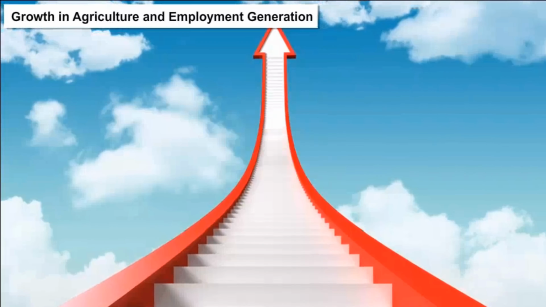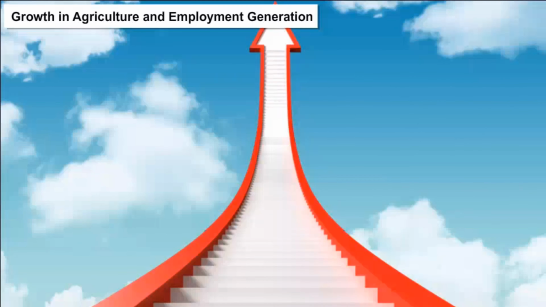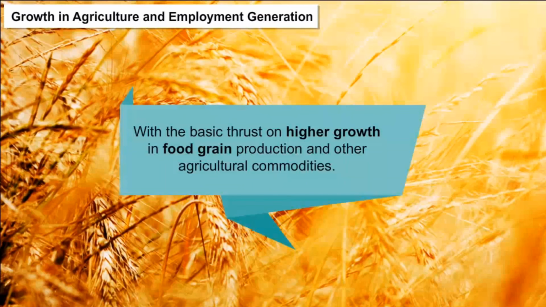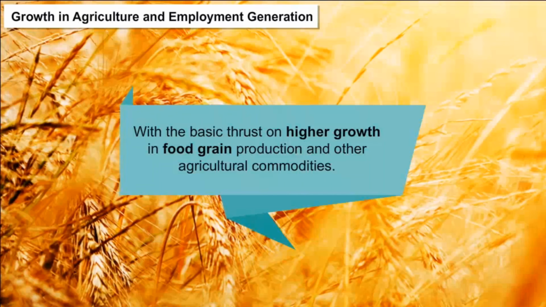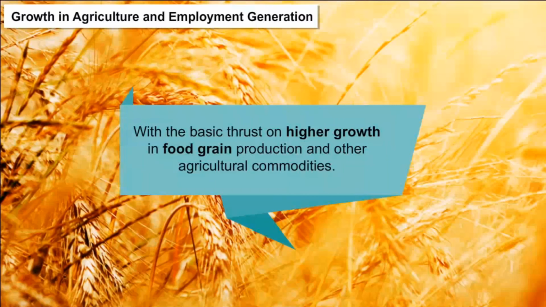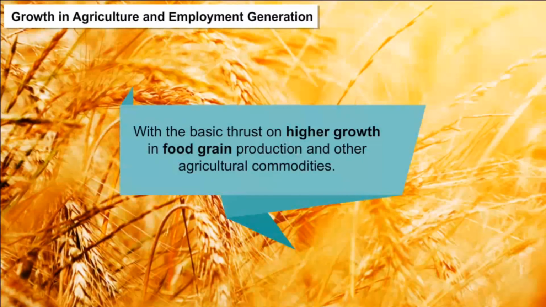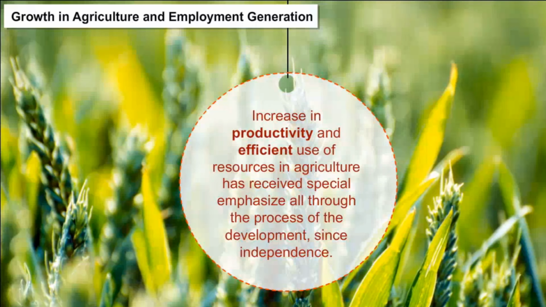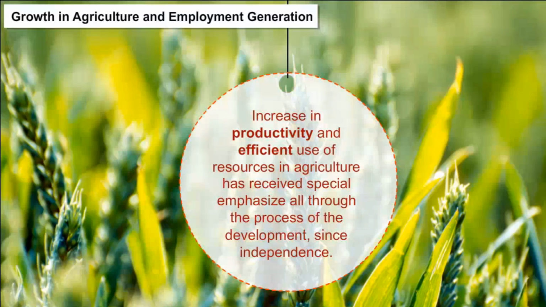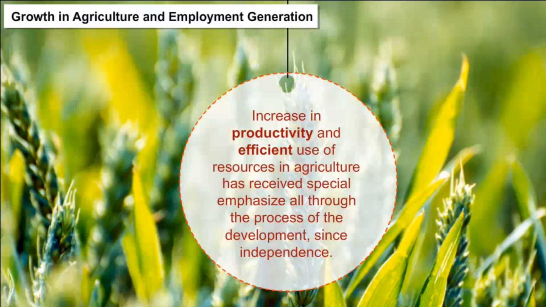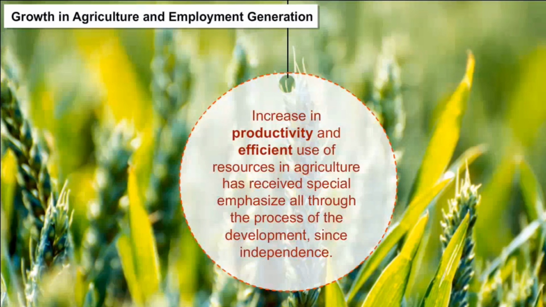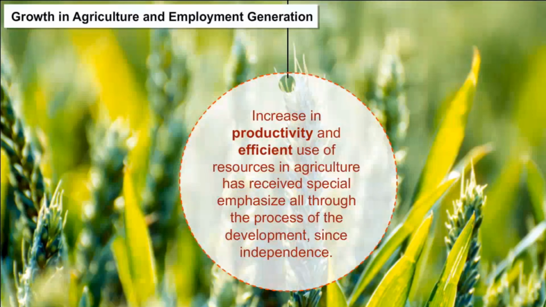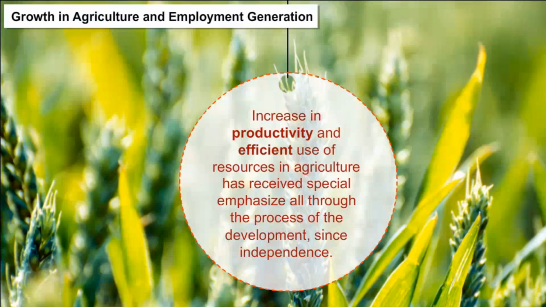Growth in agriculture and employment generation. With the basic thrust on higher growth in food grain production and other agricultural commodities, increase in productivity and efficient use of resources in agriculture has received special emphasis all through the process of development since independence.